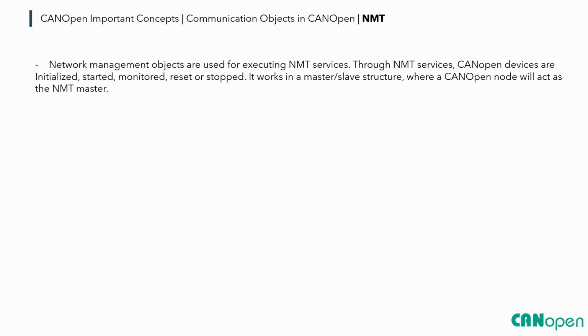Then when we finish configuration, we transmit the NMT packet and ask everyone to move to the operational state. So that's where we use NMT. It has more features, I don't want to get into details, but that's the basic concept of NMT. NMT is network management stuff that is going on.